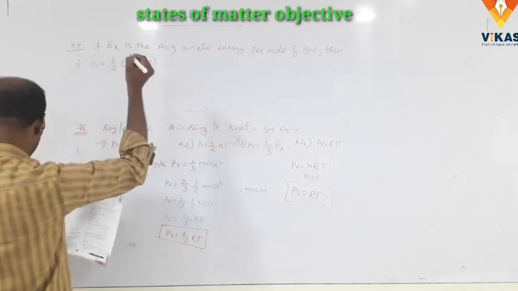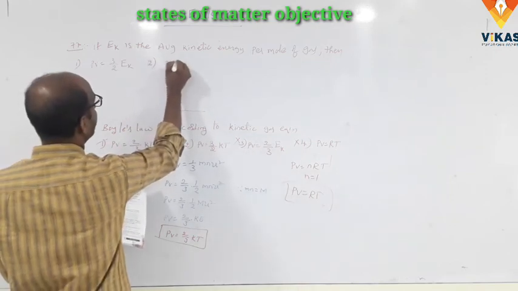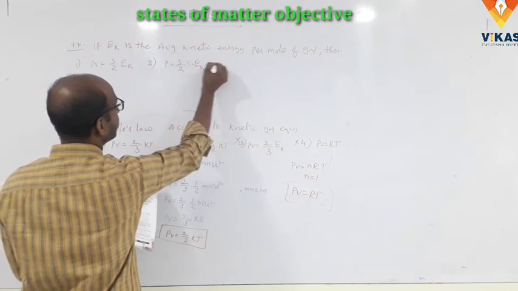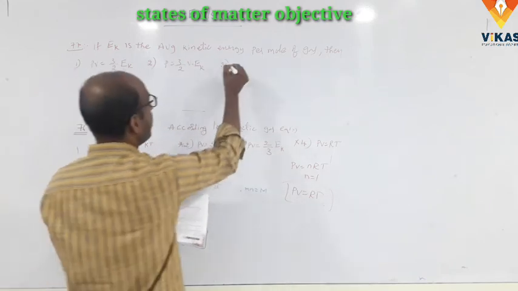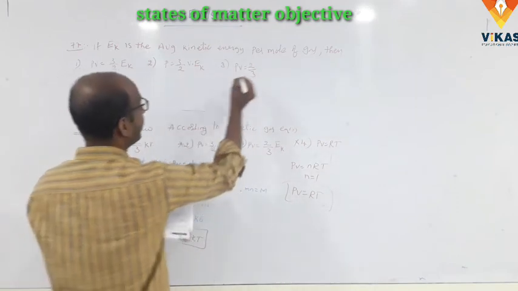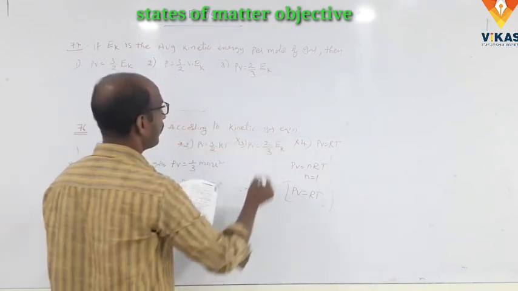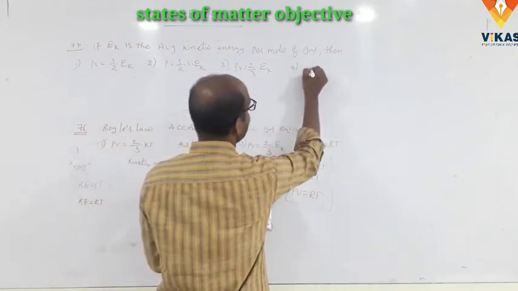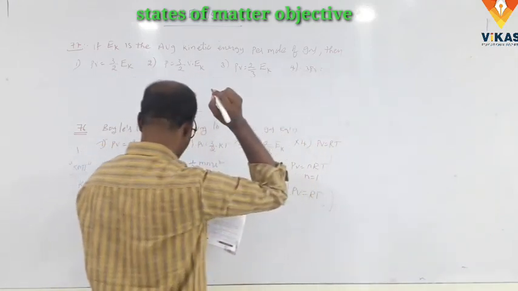Option 2: P is equal to 3/2 V into Ek. Third option: PV is equal to 2/3 Ek. And the fourth one: 3PV is equal to Ek.